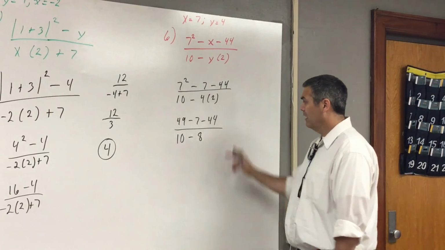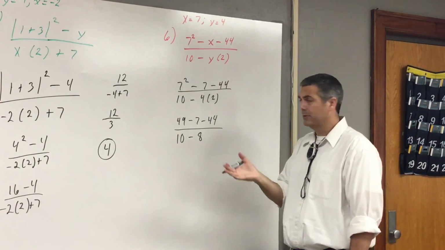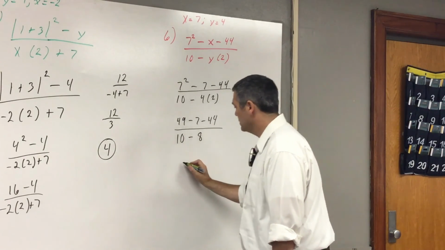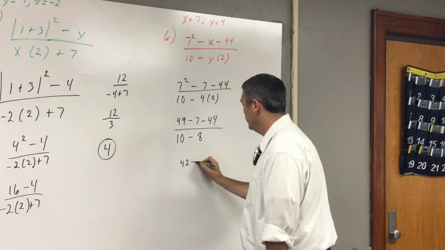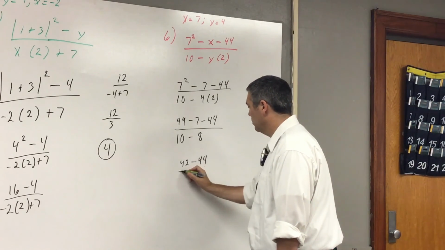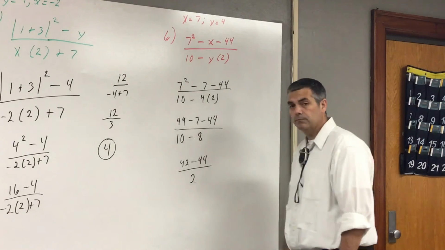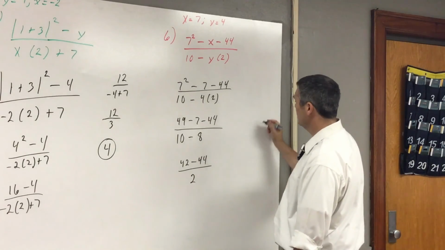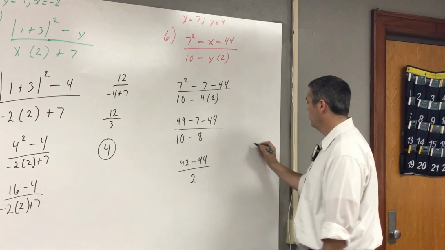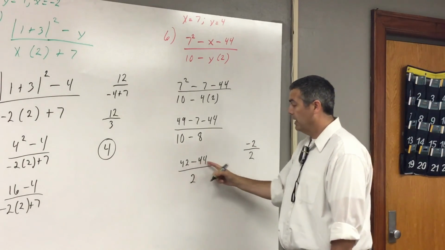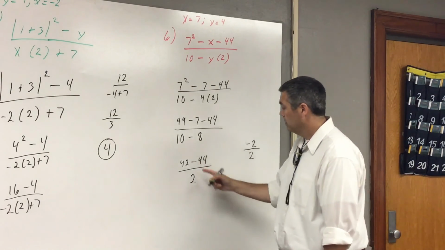Now, I'm going to pick the top or the bottom to work and deal with that and go from there. 49 minus 7 gets me 42 minus 44 over 10 minus 8 gets me 2. Next part of that, 42 minus 44 gets me negative 2 over 2. 42 minus 44, okay?